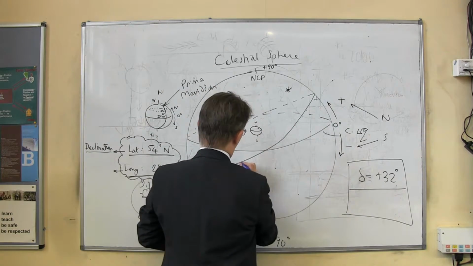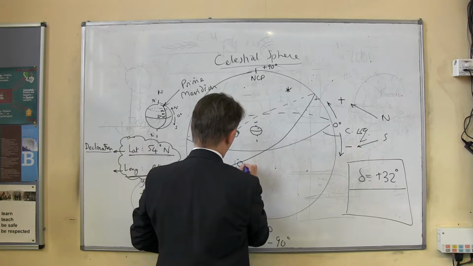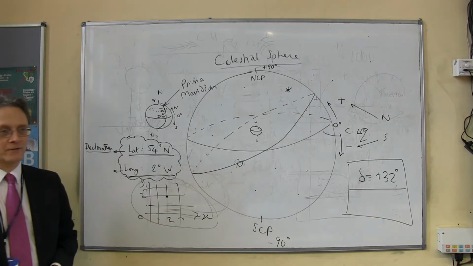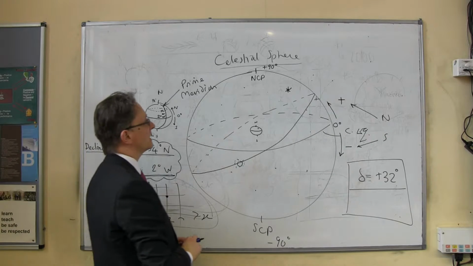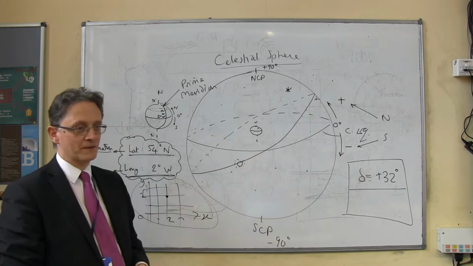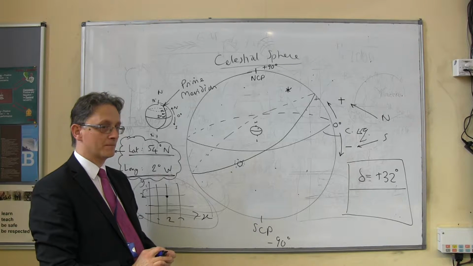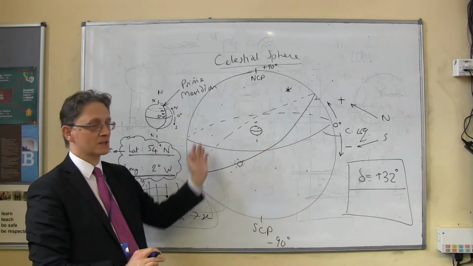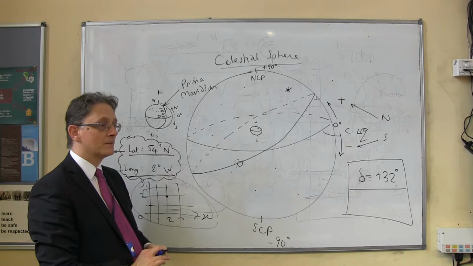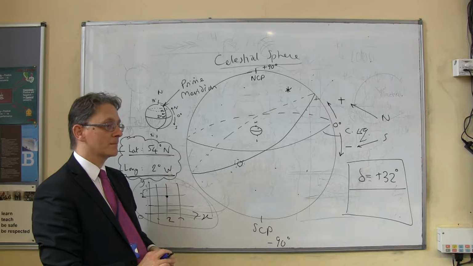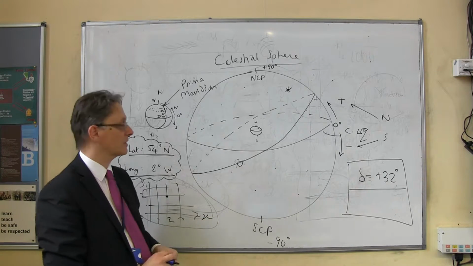which is the path of the sun around the sky every year. Okay? The sun is not fixed on the celestial sphere. If it were, then what would our year be like if the sun didn't move around the celestial sphere? Yeah. You'd just have the same daylight every day, wouldn't you? Okay?